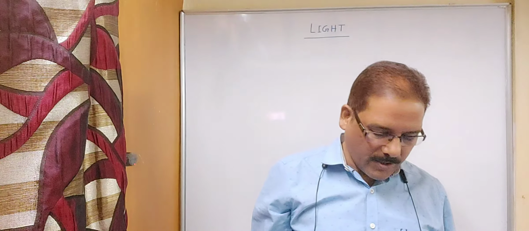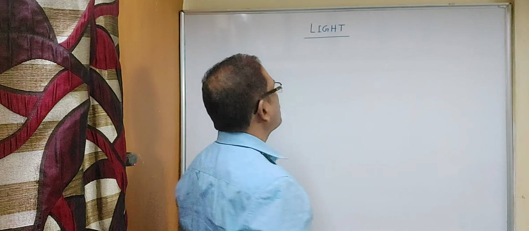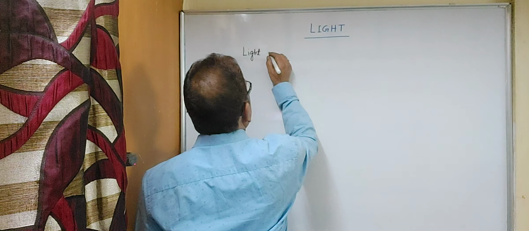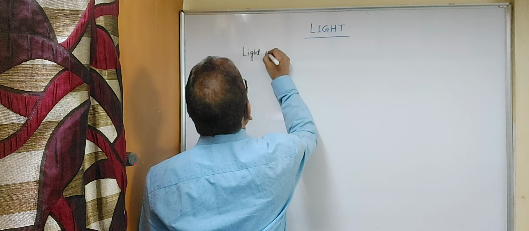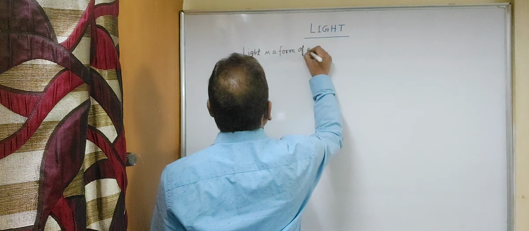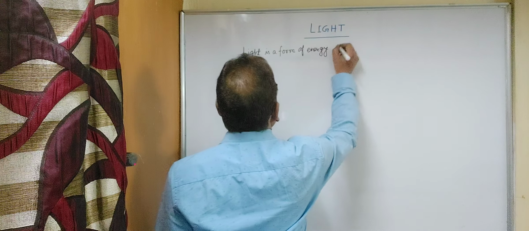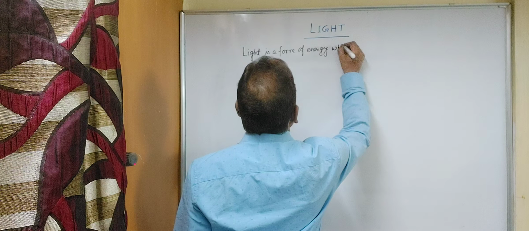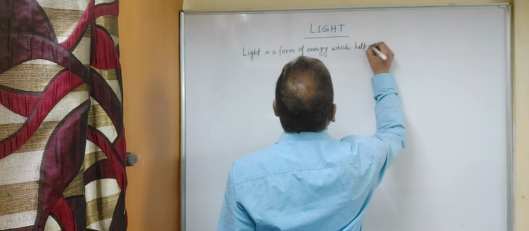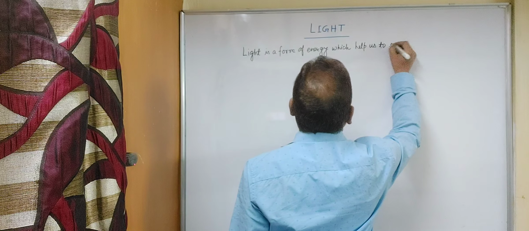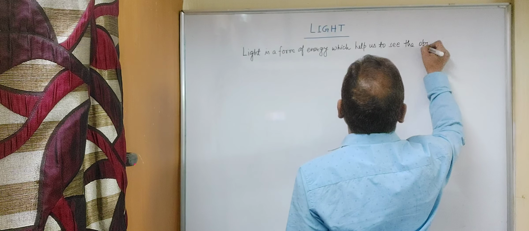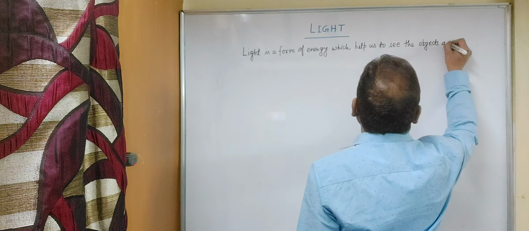So for a definition, you can write in your class copy: light is a form of energy which helps us to see the objects around us.